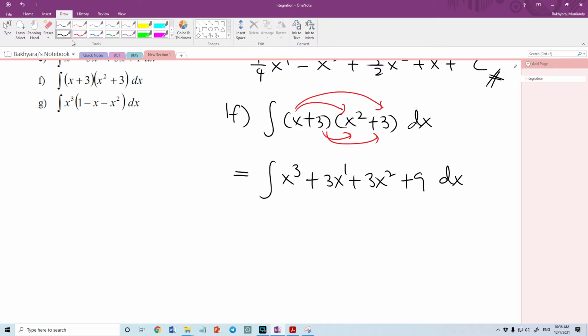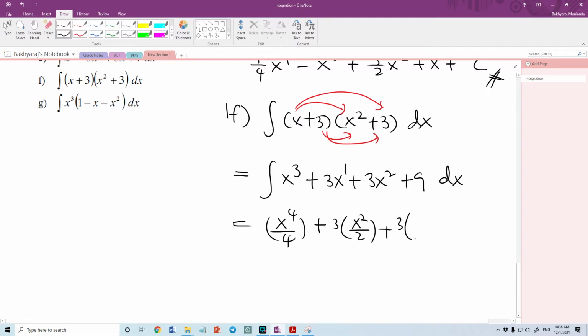Then we go for the last answer. So the last answer will be x to the power of 3, 3 plus 1 is power of 4 over 4, plus 1, you get power of 2 over 2, plus power of 2, you get power of 3 over 3, and 9 you can add x, so 9x plus c.